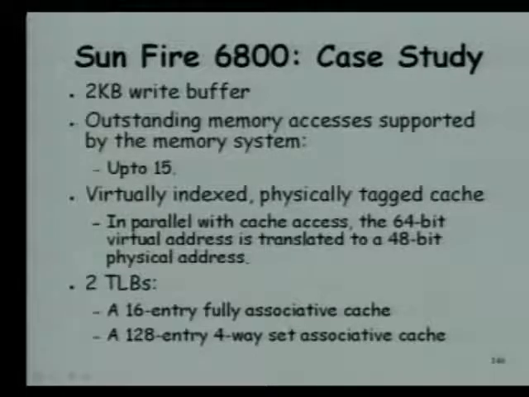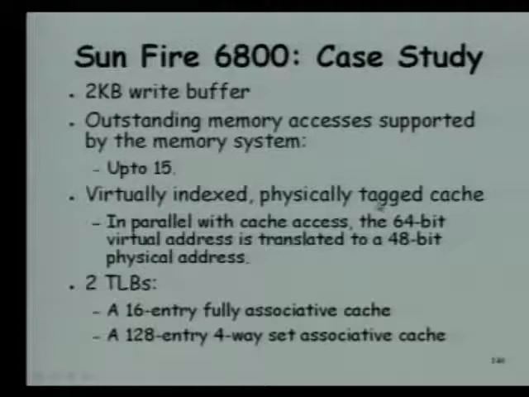So, here the advantage of using a virtually indexed physically tagged cache is that you start the cache access by using the virtual address, and by the time you locate the entry here, you have completed the virtual to physical translation, and you can compare the physical tag with the entry in the cache, because we had said that a virtually indexed virtually tagged one would have many complications.